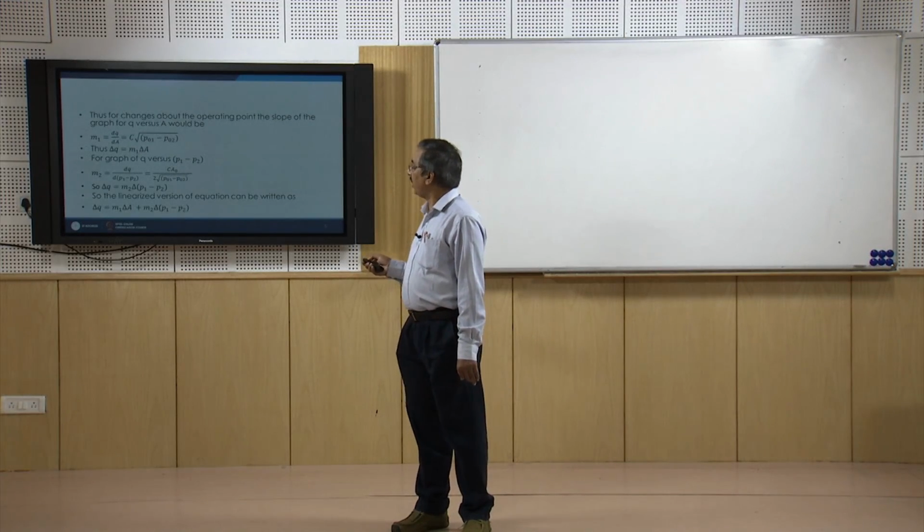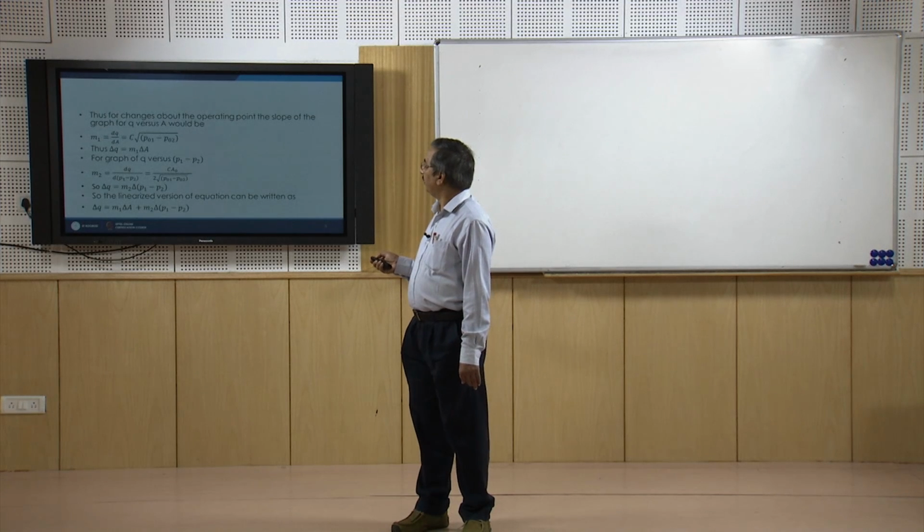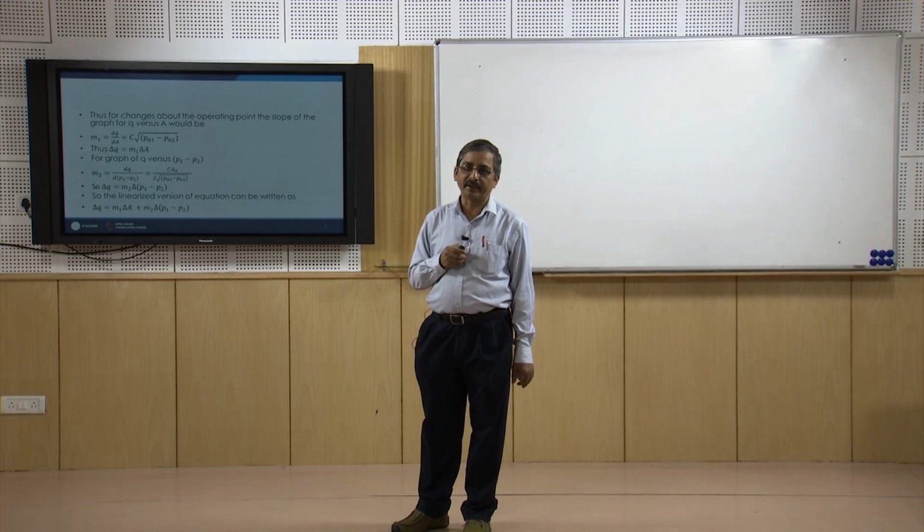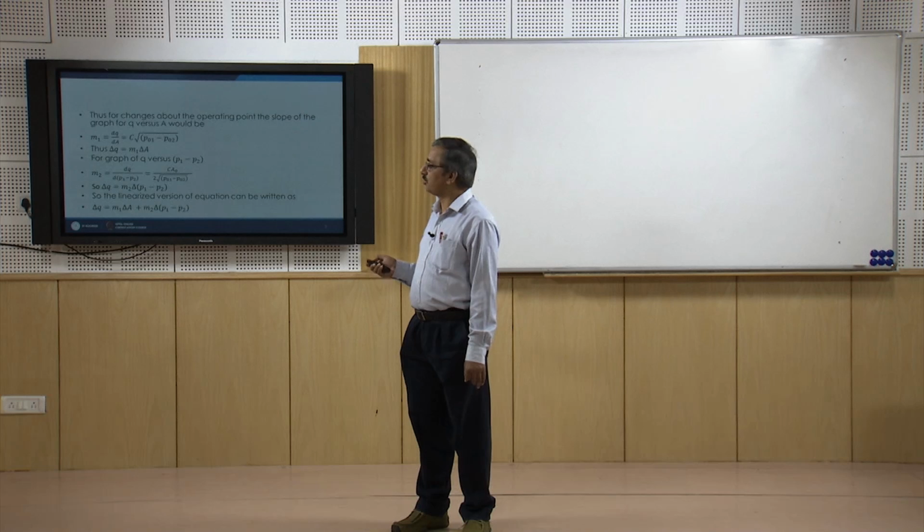Now, to see how it happens, for changes about the operating point, first we find the slope of the graph of discharge Q versus area of cross section A. This is M1 equal to dQ by dA, which is C square root of (PO1 minus PO2), where PO1 and PO2 are the values at the operating point which we are considering.